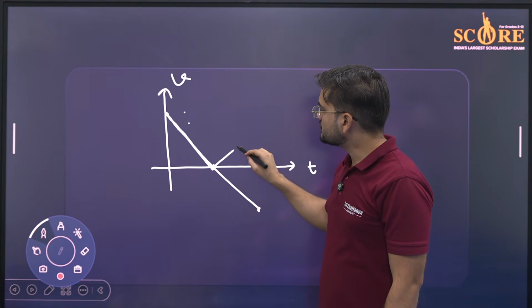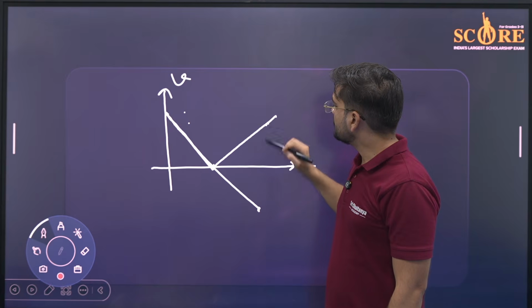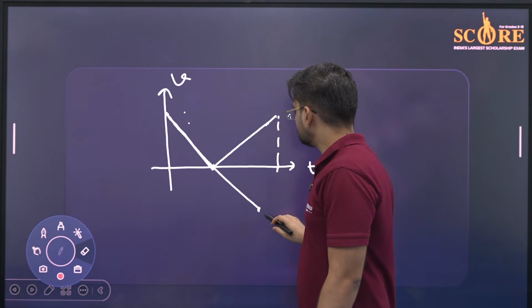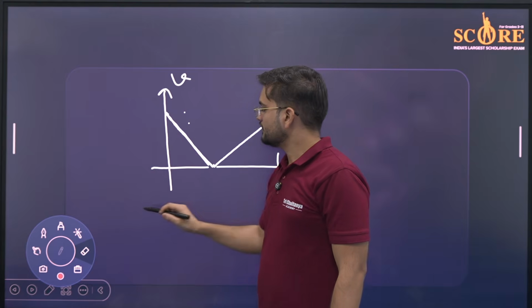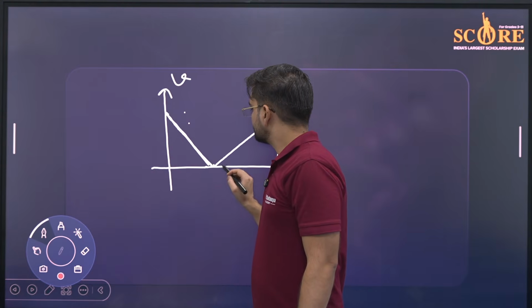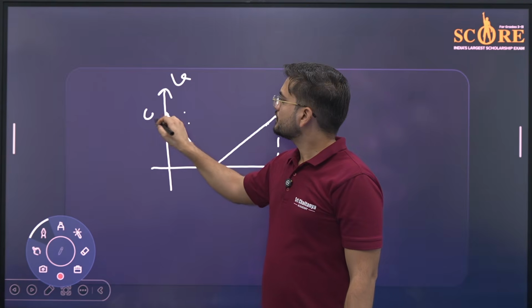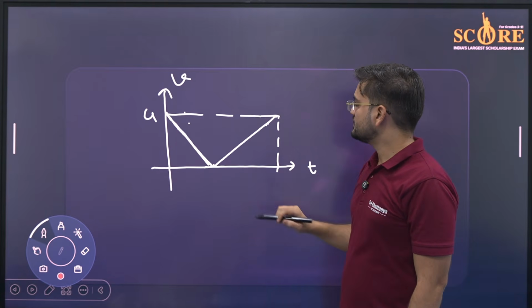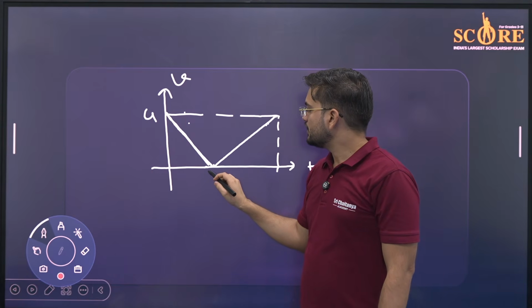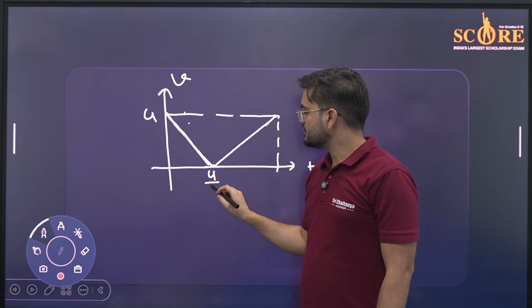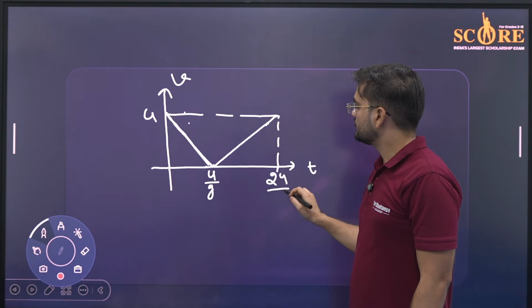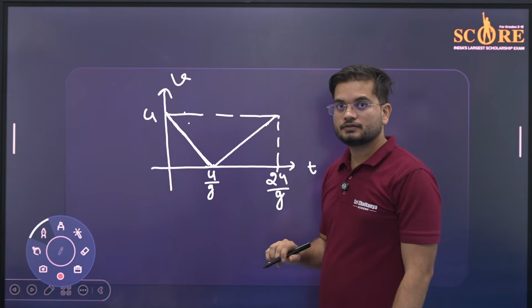So by using this concept we can draw the speed versus time graph. It will be like this. Clear? Initial speed u and final speed will also be u, and time at the highest point is u by g, and it will be 2u by g. Clear?